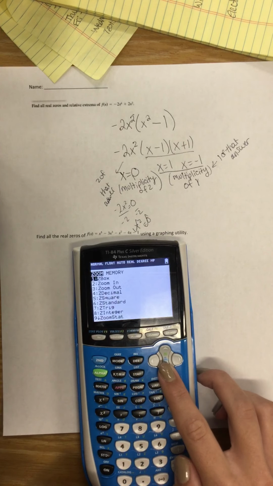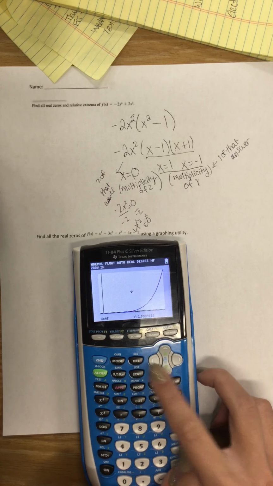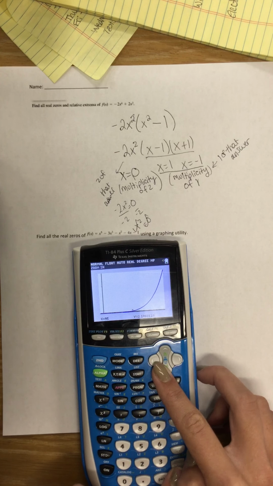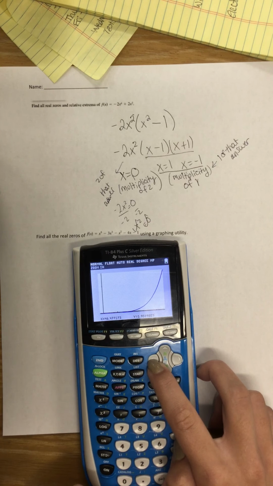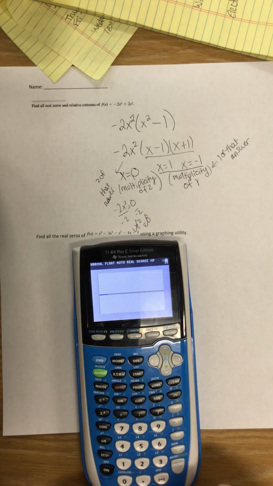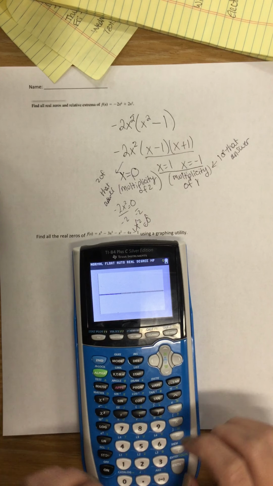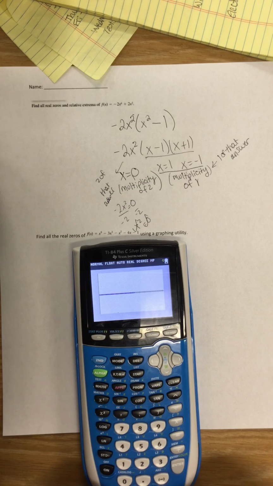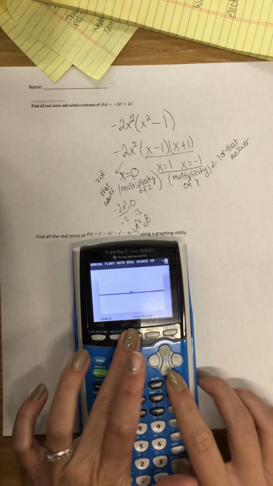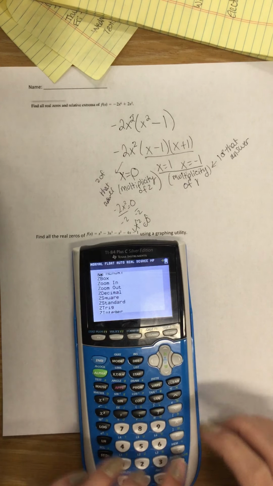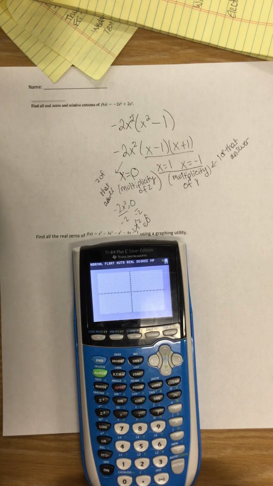So now that we have that, let's try zooming in down here by the x-axis, because that's what we really care about. Where is this crossing the x-axis? We want to find our zeros. Let's just try going zoom standard and see if we can see more from here.